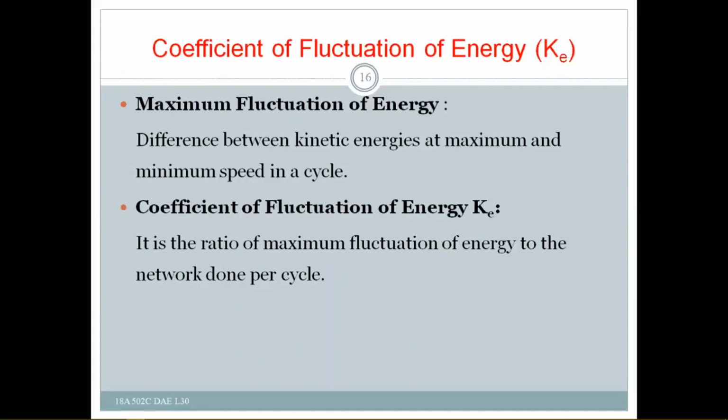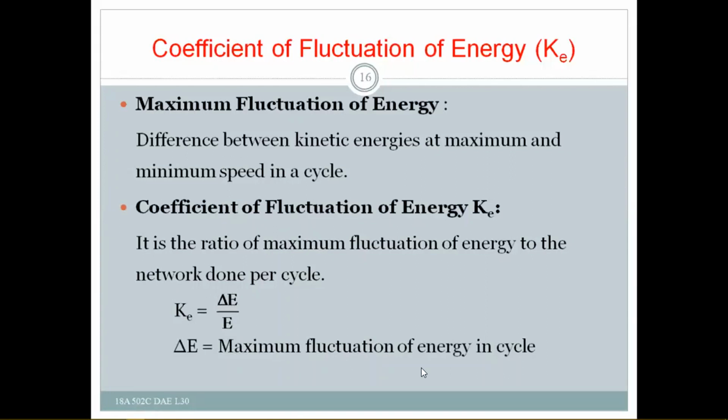So Ke is equal to delta E by E, where delta E is the maximum fluctuation of energy in a cycle, and E is the net work done per cycle.